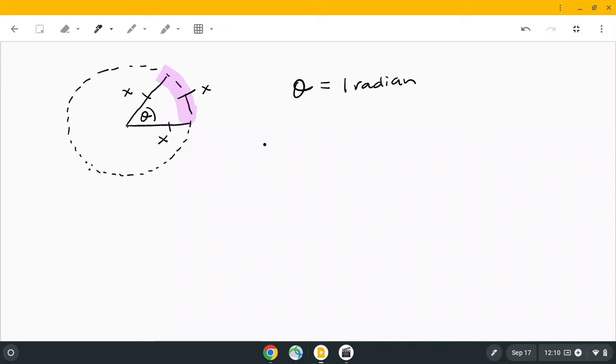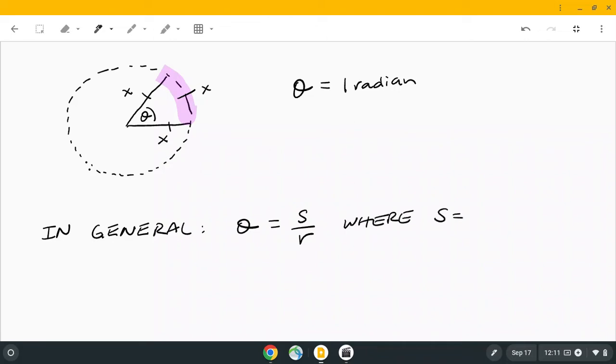Okay, so in general, theta equals S over R, where S equals the arc length and R equals the radius.